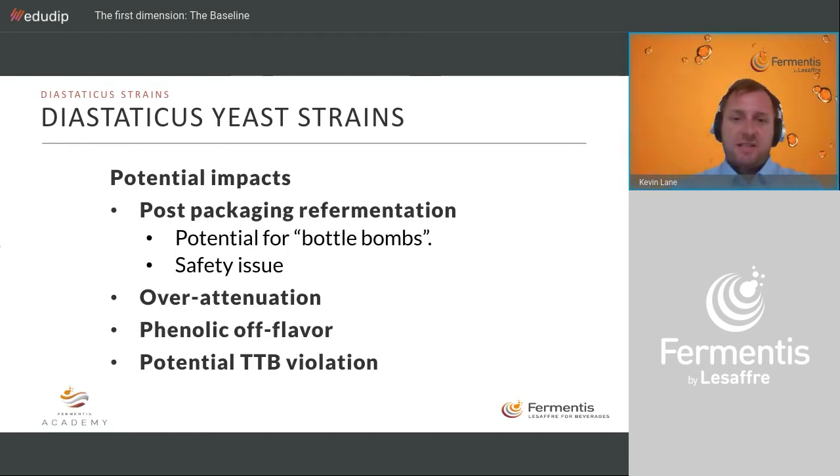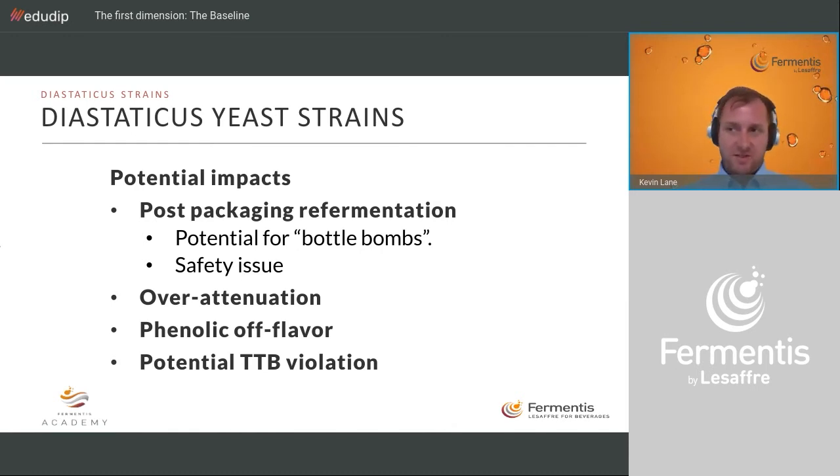Now, the potential impact of Diastaticus is that it gives some risk to post-packaging re-fermentation, which can lead to bottle bombs or can bombs, over pressurizing the container, which poses a safety issue not only for the end consumer that's buying your beer and taking it home, but also for anybody in your brewery.